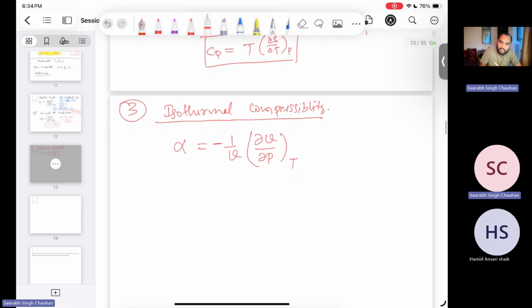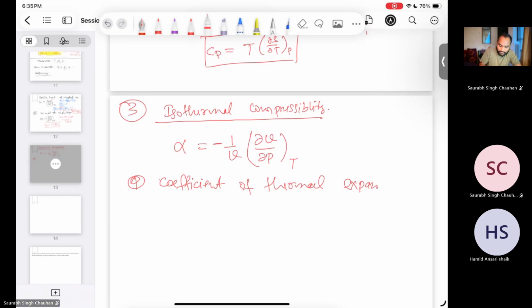There is one more coefficient, the coefficient of thermal expansion, beta: how much the volume changes if you change the temperature. There is no negative sign, and again we divide by volume.